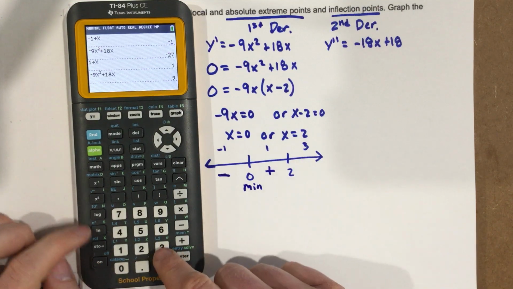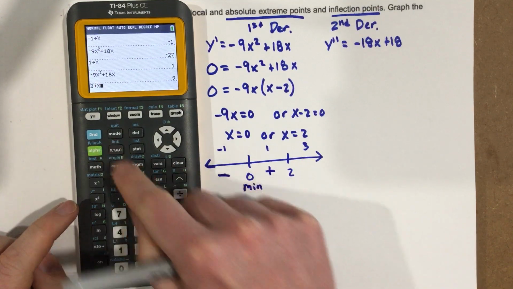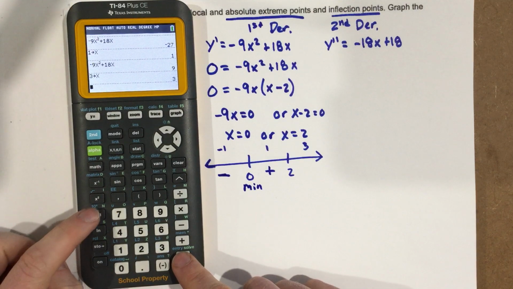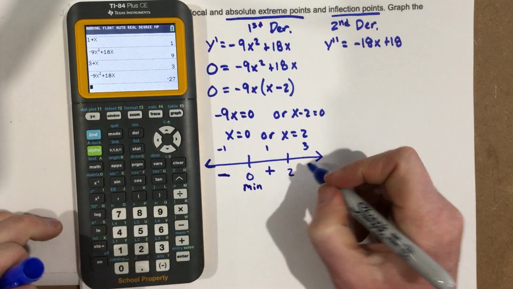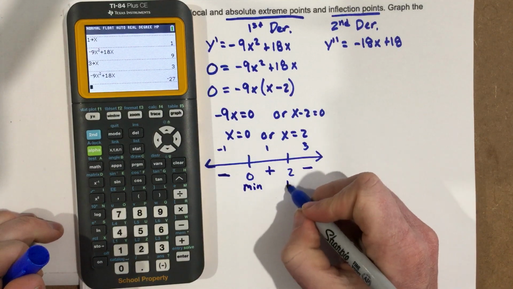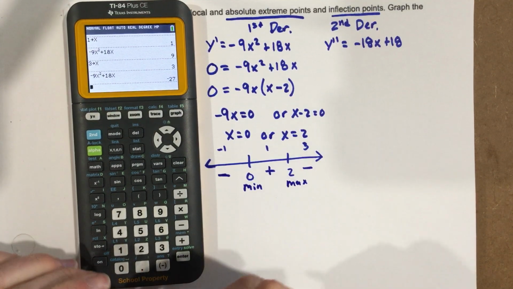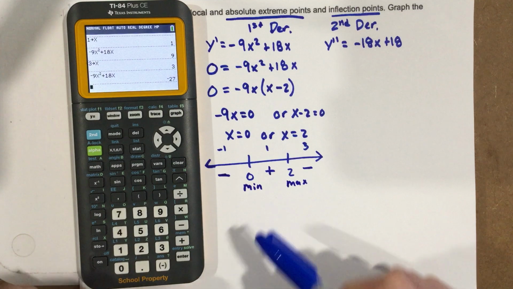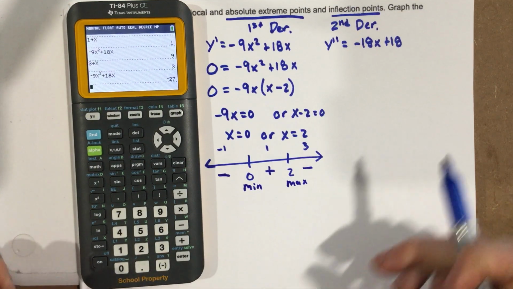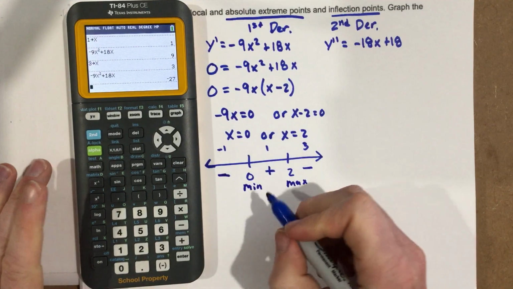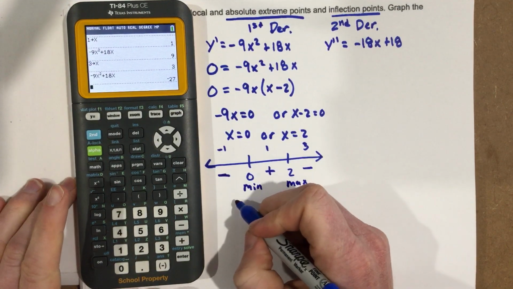So now I'm going to pick 3 and store it as x, and then go back, pick that function. Negative again, so that's a maximum. All right, now I know I have a min and a max. I don't know if it's absolute or local. We'll find that out in a second.